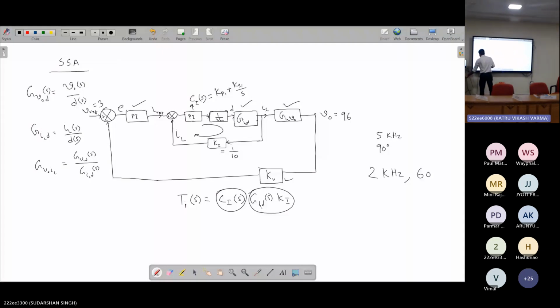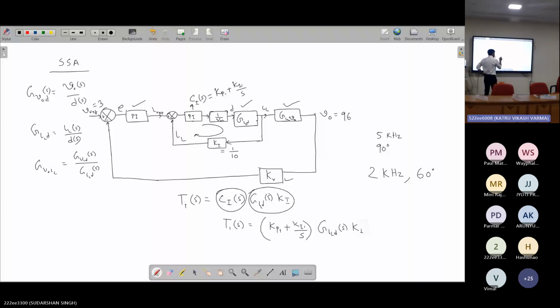So now the problem becomes, this is your inner loop gain, Ti, this is your KP1, KI1, into this KI, the inner loop sensor gain.